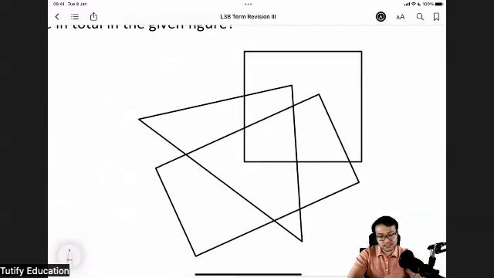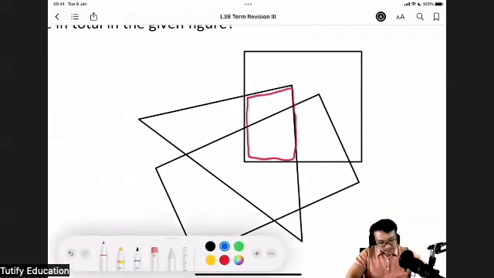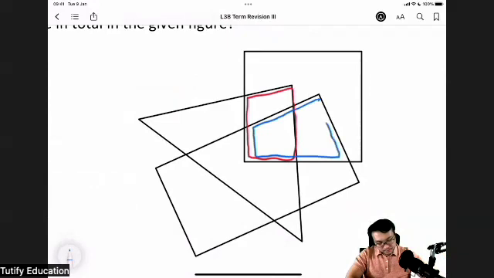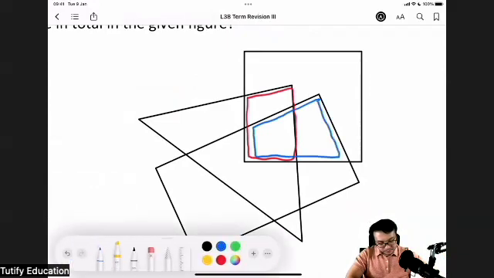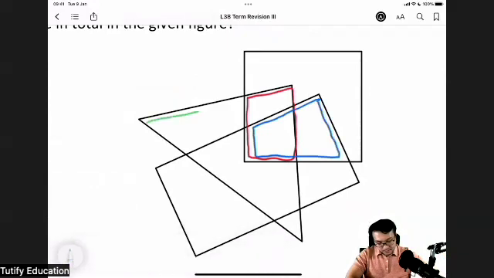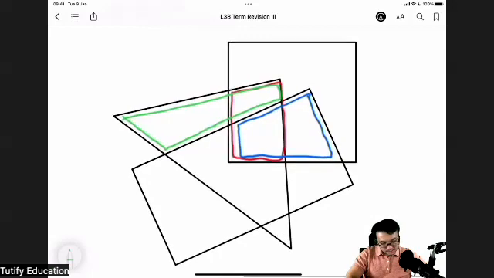Okay, Talia, you count first, then I'll draw it later. 5. Okay. Let's see where the 5 are. 1. Okay, this is made up of two parts. 2. Okay. 3. Oh, I saw it. 4.